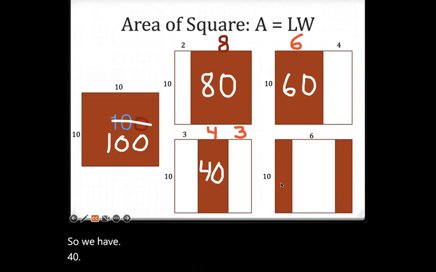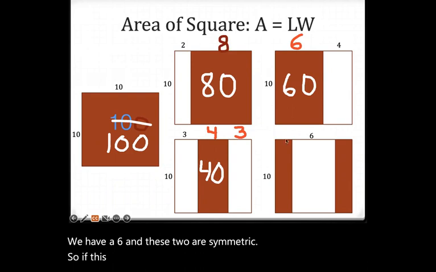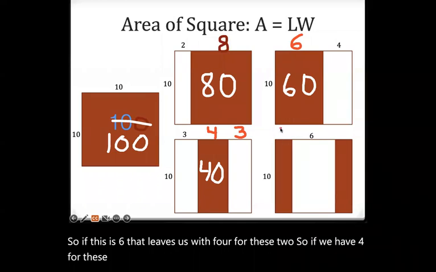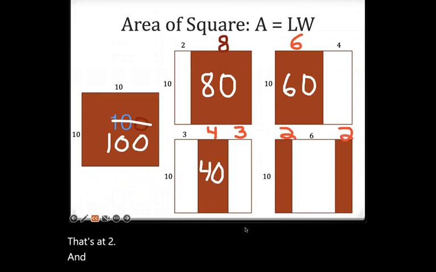Okay, so now in this next one, we have a 6, and these 2 are symmetric. So if this is 6, that leaves us with 4 for these 2. So if we have 4 for these 2, that means each of these must be a 2. And that means that each of these areas must be 20.